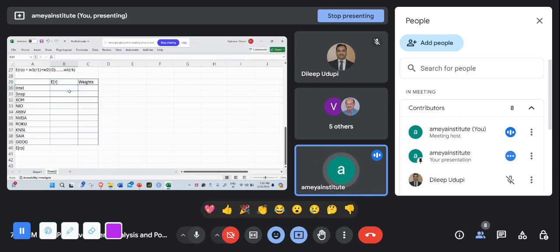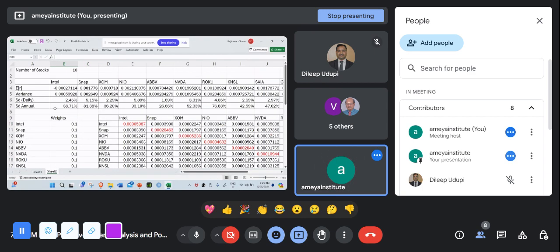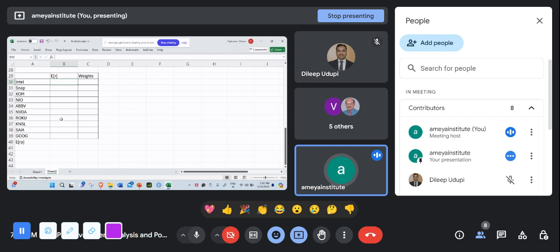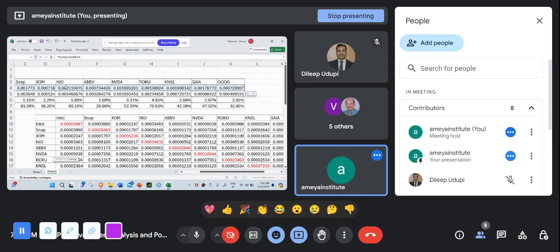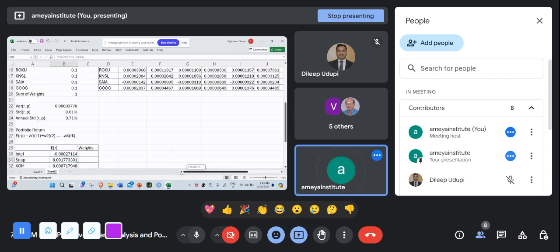So what is the expected return? Again I'll take the individual asset daily returns over here. So is equal to, here also I'll apply transpose. This daily returns what we got here, just take those values, close the bracket and enter.